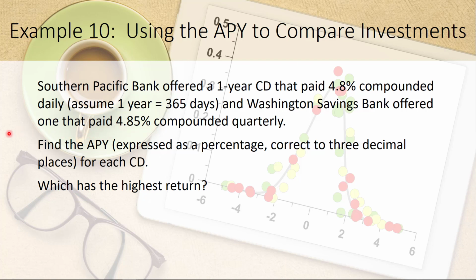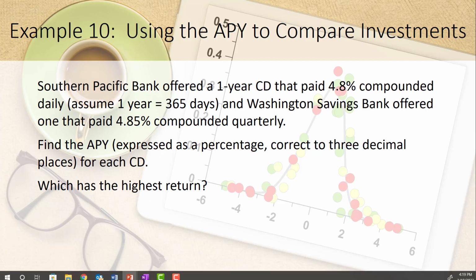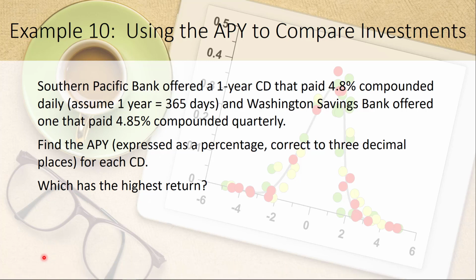We want to find the average percentage yield for each one and determine which one has the highest return. Since we don't have continuous compounding, the equation we are going to use is APY equals (1 + r/m)^m minus 1.